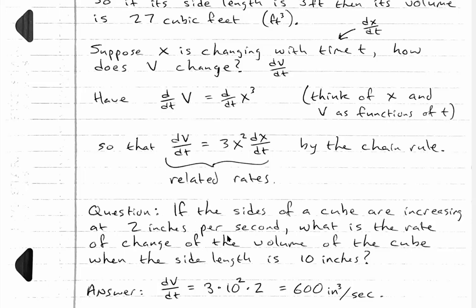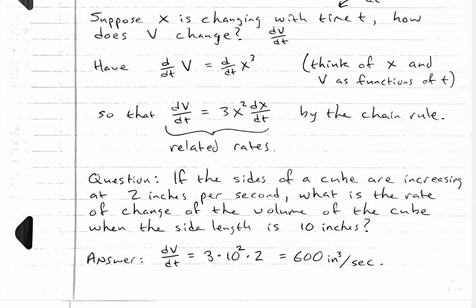All right, so we're just substituting into this formula. So we're looking for the rate of change of the volume. So that's dV/dt. That's what we're looking for. So it's 3.